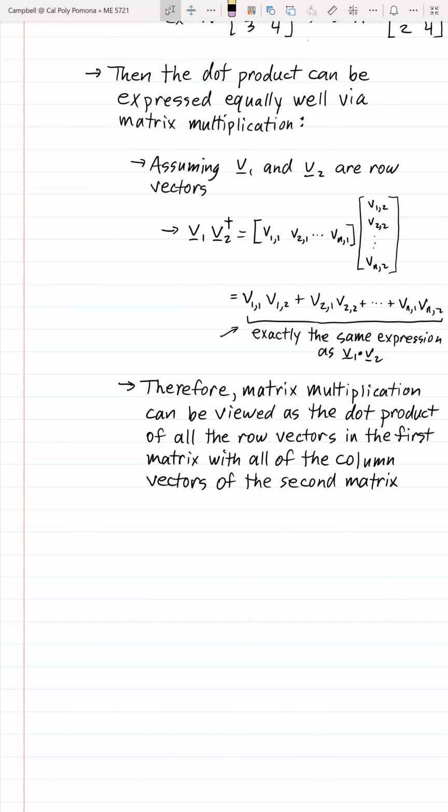So let's go ahead and talk about an interpretation of the dot product.